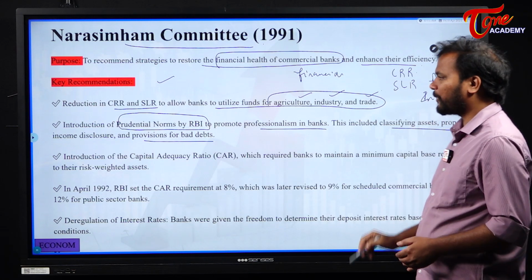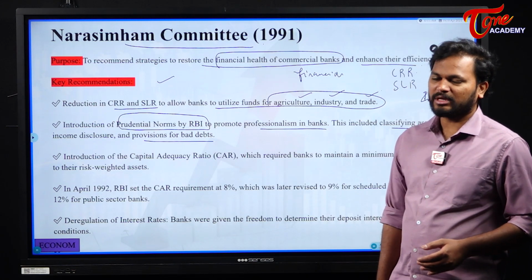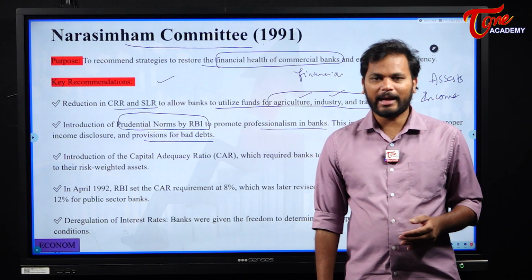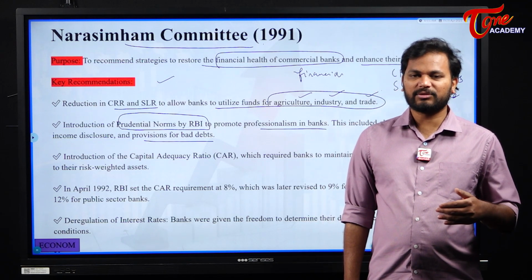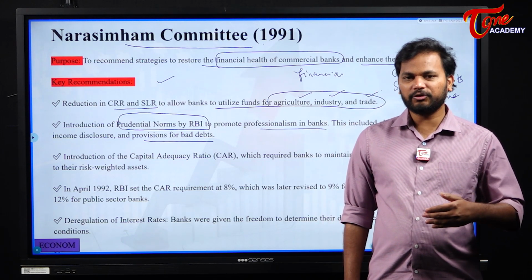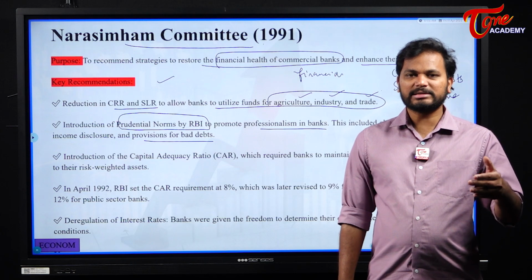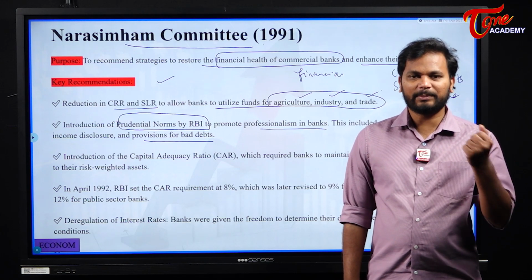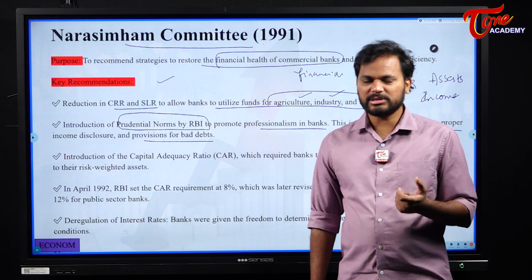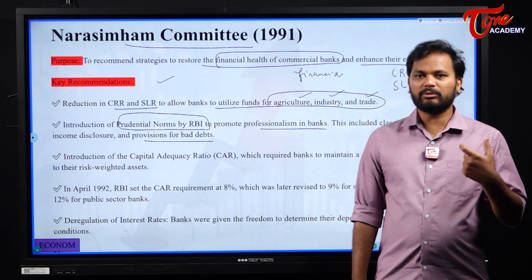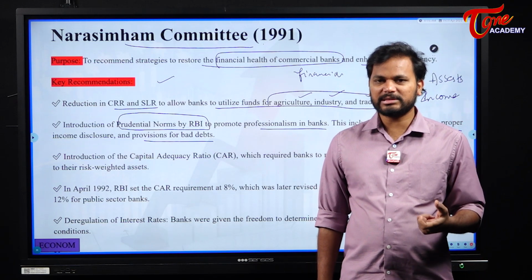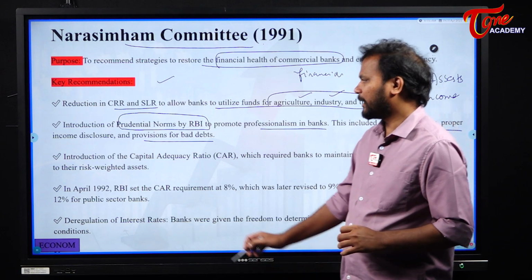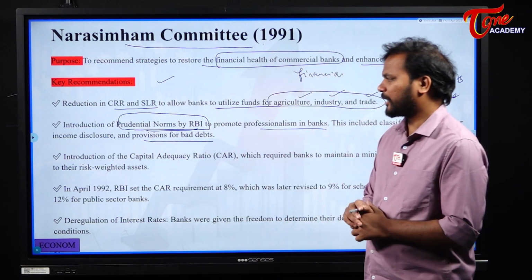If there is no proper income disclosure, obviously we do not understand the status of the performance of the banks. Suddenly, one day you might read in the newspaper that there is a collapse or bankruptcy of one particular bank. That is the reason the RBI wants to be the watchdog of the banking system, and that needs to be done by the prudential norms of the RBI.